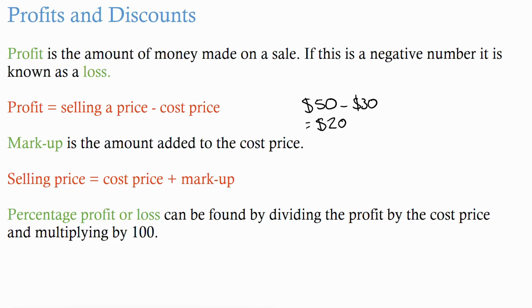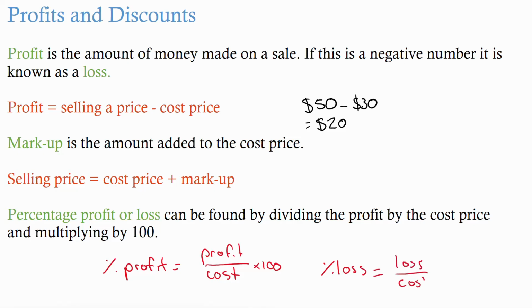So percentage profit would be our profit over cost, times 100. The same works for loss as well: percentage loss is your loss over cost times 100.